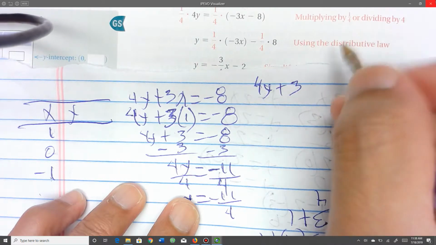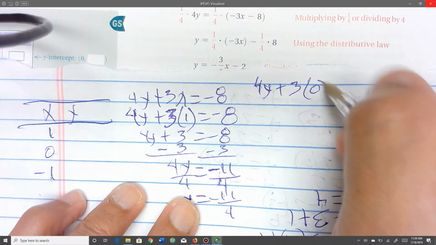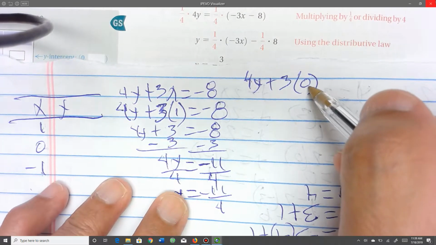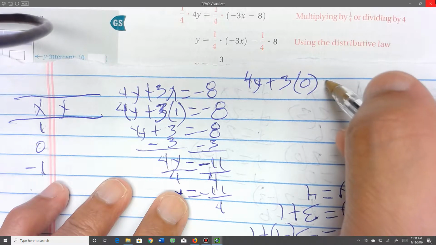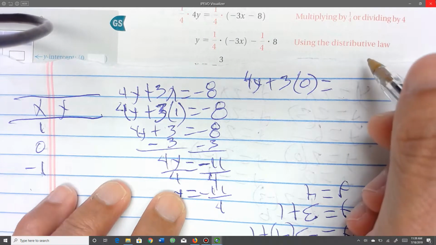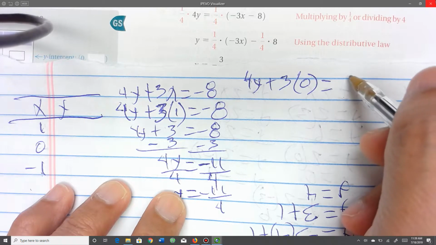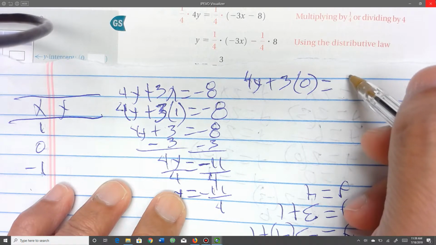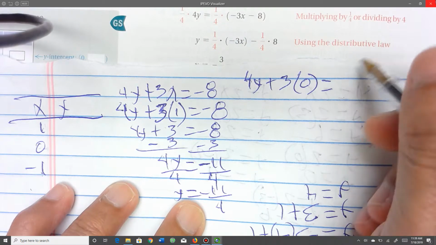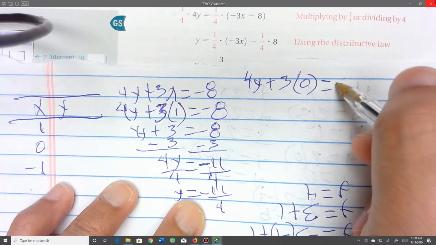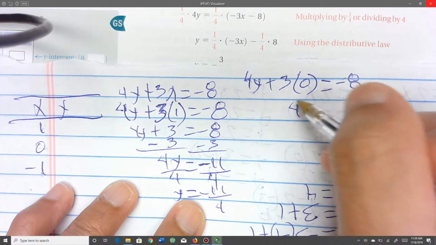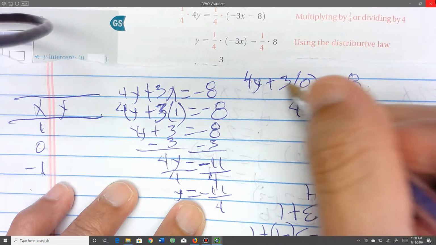This should probably work, since I already know that if I substitute 0 for x, that's gonna be my y-intercept, and since they're asking me for my y-intercepts, this should give me an integer instead of a fraction. That's -8 here, that's 0. So yeah, when I multiply 0 times 3, that's 0.